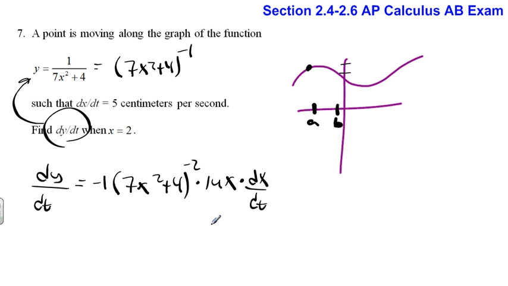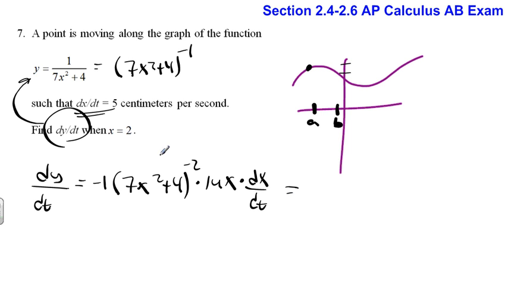This is basically an indicator to us that the derivative that we just took was with respect to time, not with respect to x or y. And this is helpful to us because, look at this, dx/dt is 5, and we're going to do some substitution here in a minute.